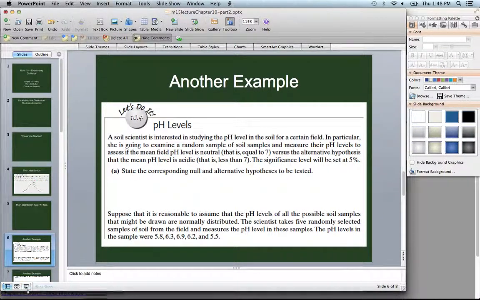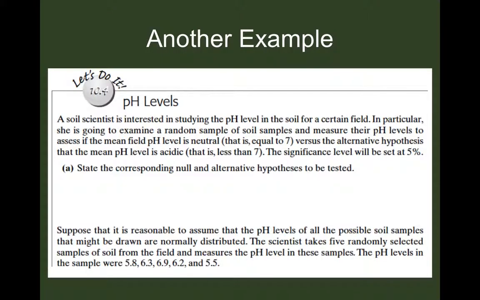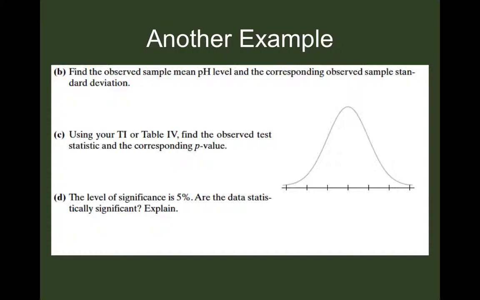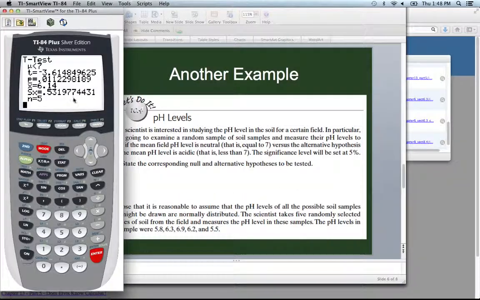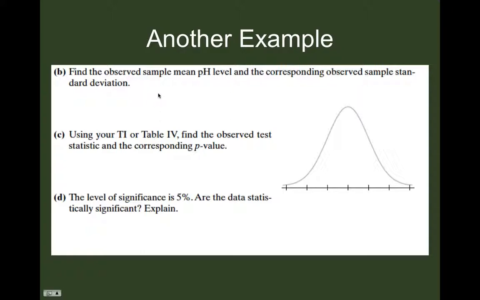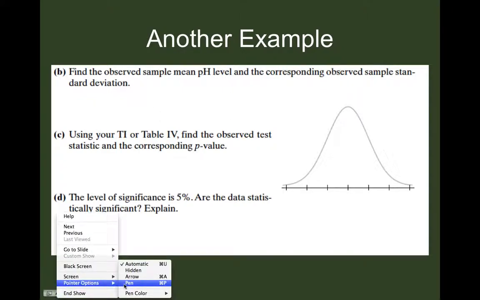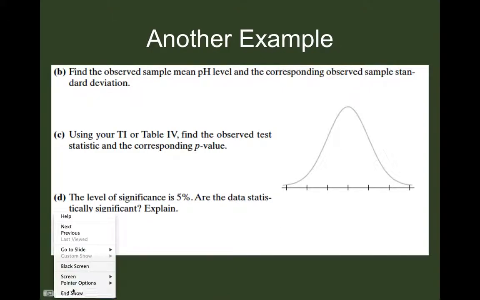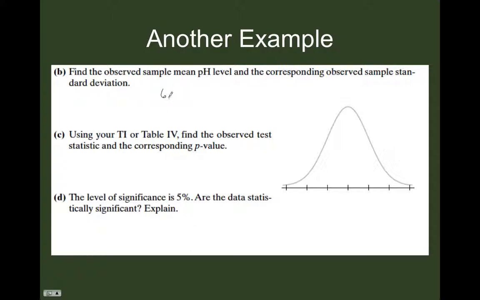Because, for example, in this problem, when I look at the next part, we're asked to find the observed sample mean pH and the observed sample standard deviation. Notice that those two statistics, 6.14 and about 0.53, now can I remember, is that x bar?